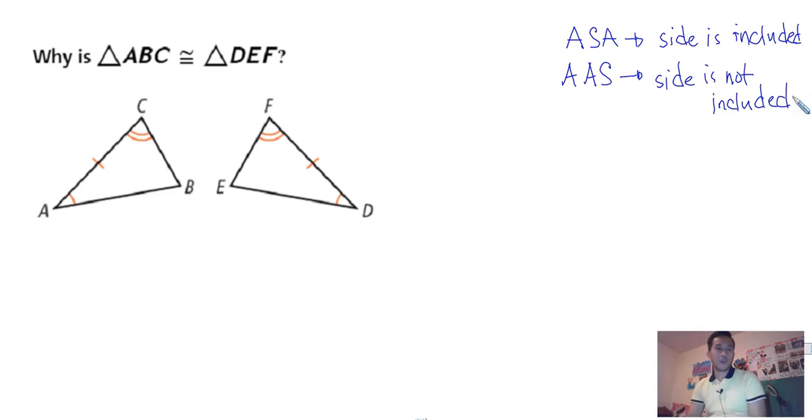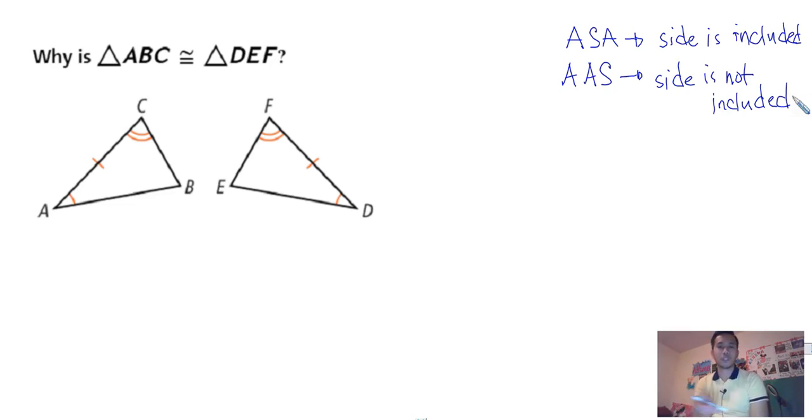All right. So the first example is: why is triangle ABC congruent to triangle DEF? One of the most important skills you need to learn about identifying congruent triangles is identifying the corresponding parts of the triangle. The question is, are the corresponding parts congruent?